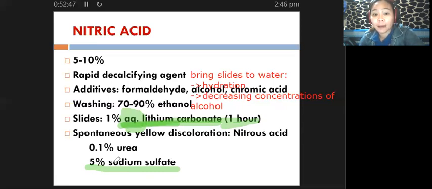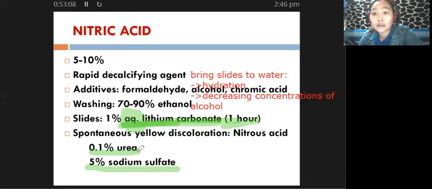If your nitrous acid is present in your stock solution, we make use of 0.1% urea. Your 0.1% urea can prevent the formation of your nitrous acid, so it can act as a preservative also.